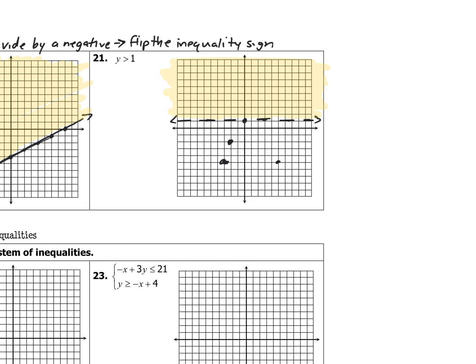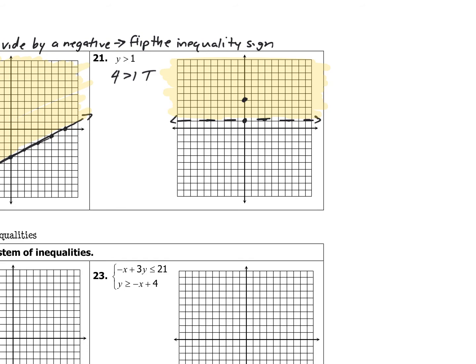So if you don't remember the rules, but you remember you can choose a point and substitute it in, and the point makes the inequality false, then you shade to the opposite side. If you substitute a point in and it makes it true, for example, I choose this point, which is 0, 4. Well, 4 is greater than 1. That's true. So that's the side that I need to shade.